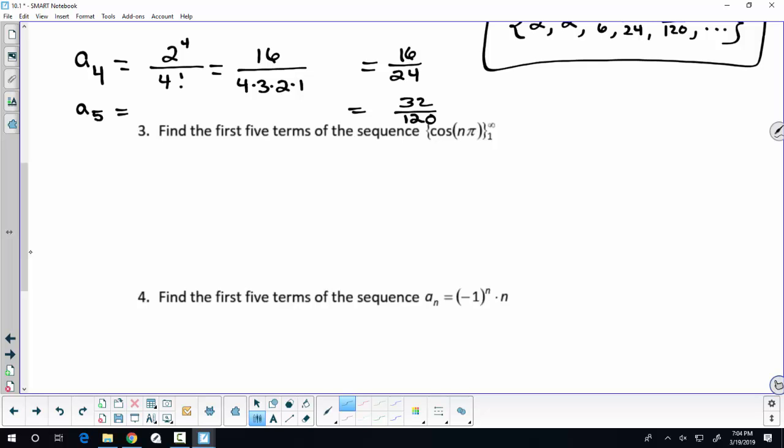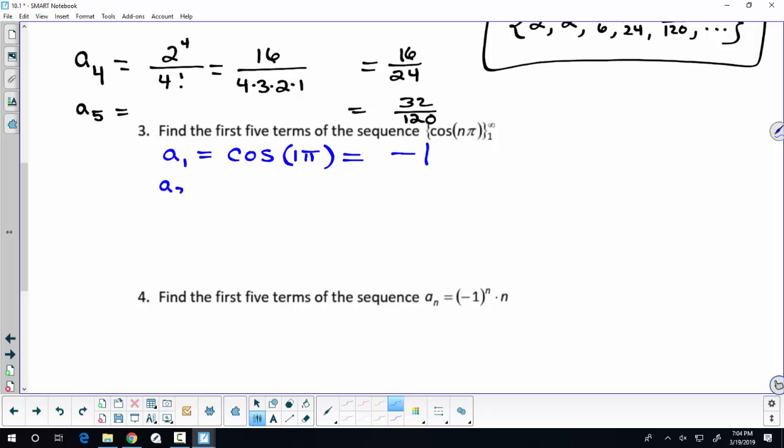How about the first 5 terms of cosine n pi? Here, what's the first term? It's the cosine, let's write it out, of 1 pi, which is -1.